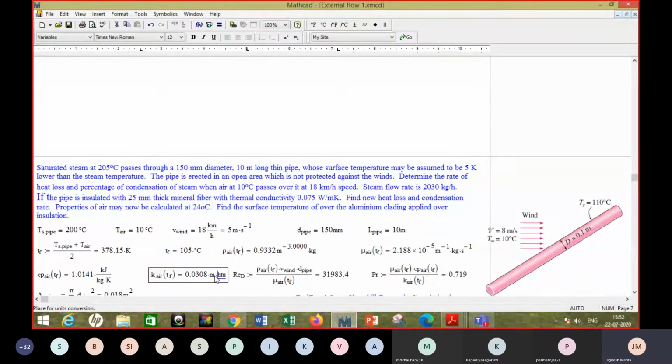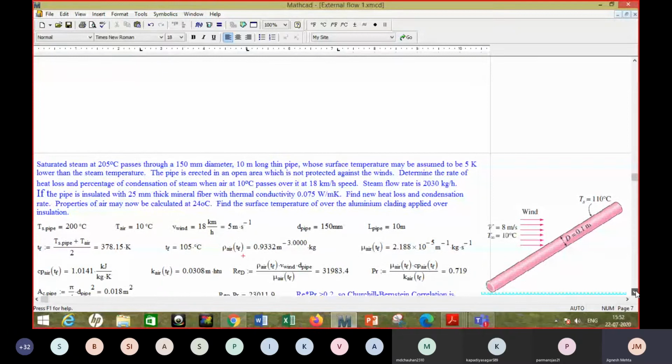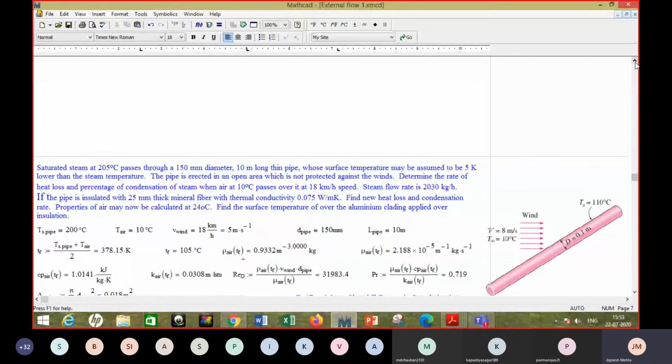Okay, it is watt per meter Kelvin, right? Thermal conductivity. Okay, you can write here watt per meter Kelvin. So these are the parameters that you will get from the table, right?